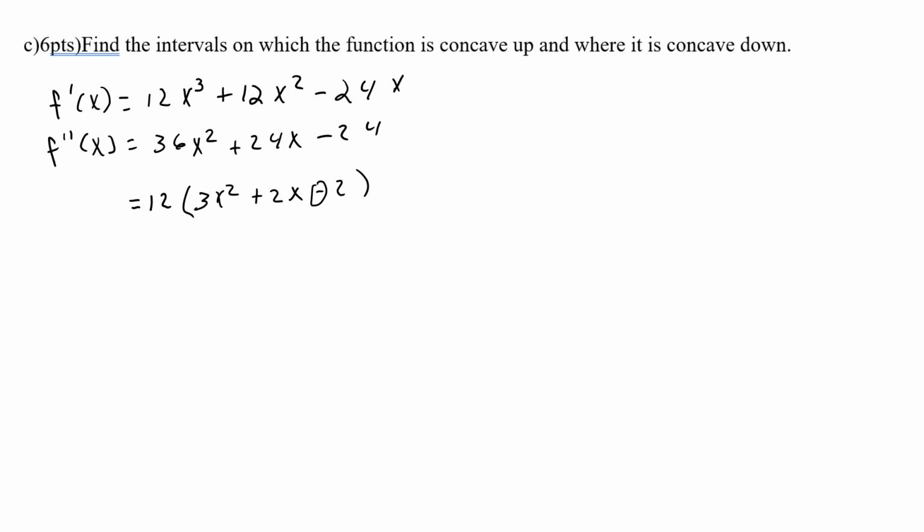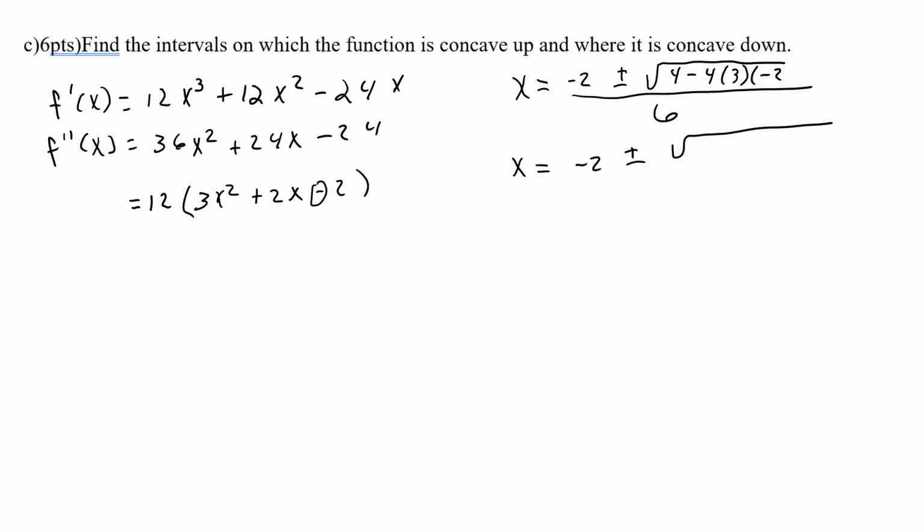So then x is equal to negative b plus or minus the square root of b squared minus 4 times 3 times negative 2, all divided by 2 times 3, which is 6. So negative 2 plus or minus the square root of 4 times 3 is 12, times negative 2 is negative 24, minus negative 24, which is going to be positive 28, all divided by 6.